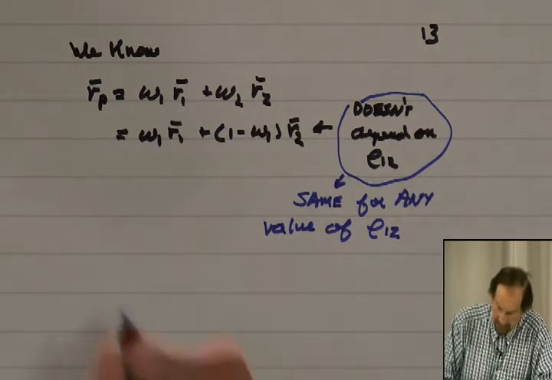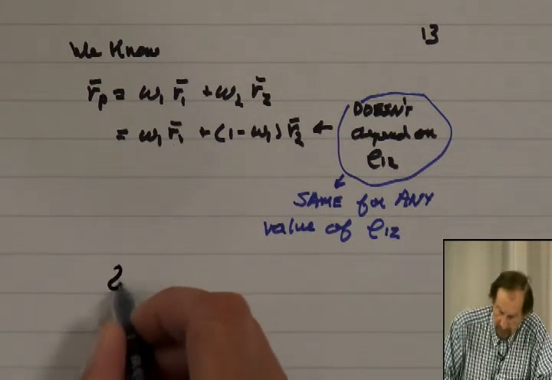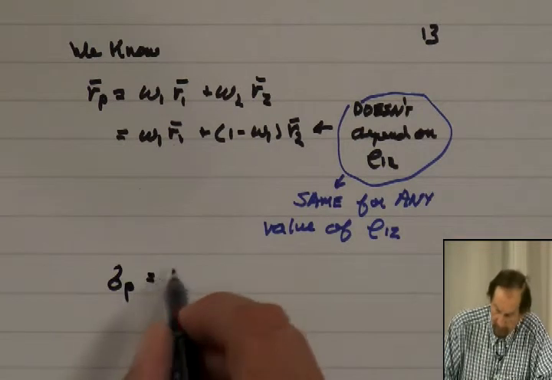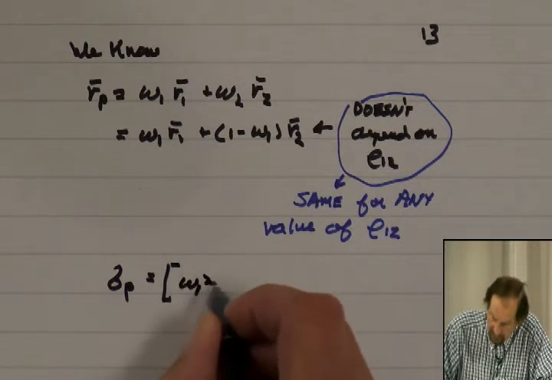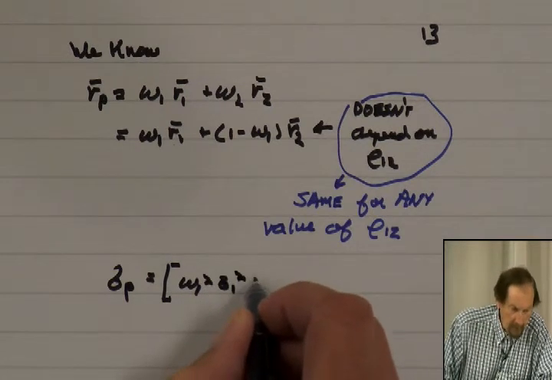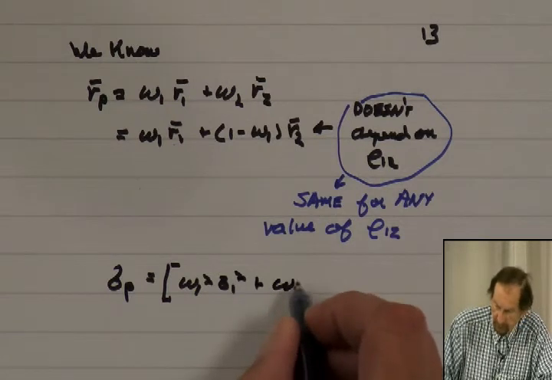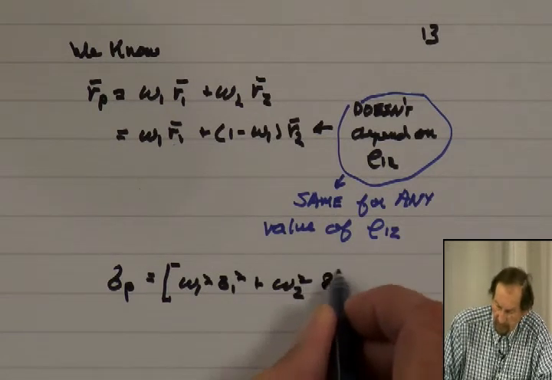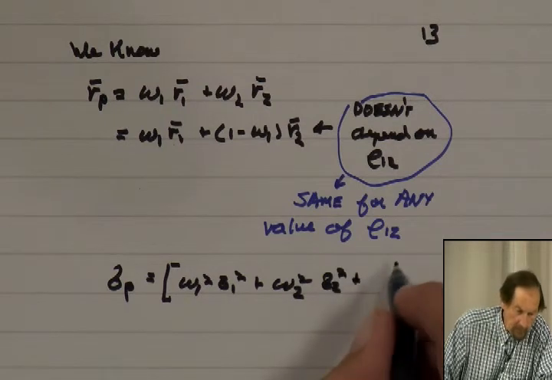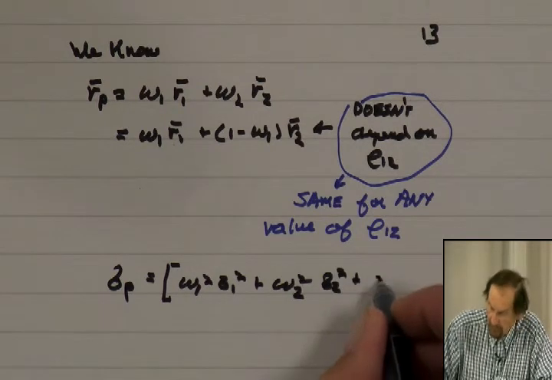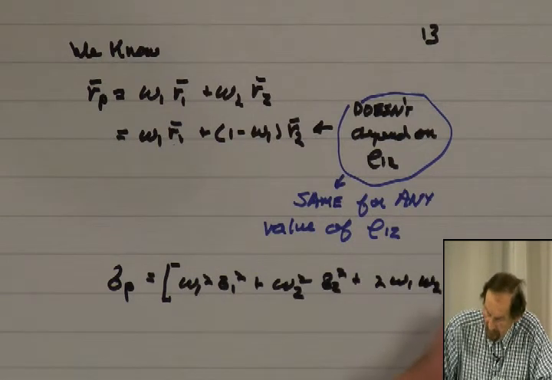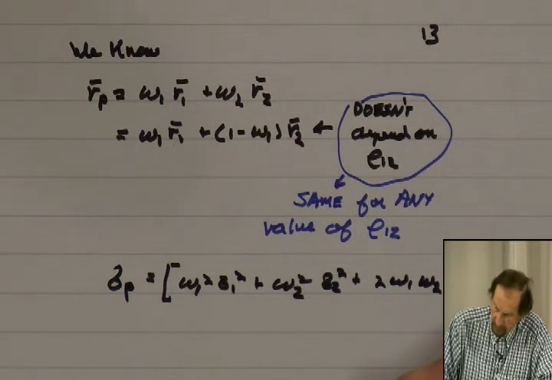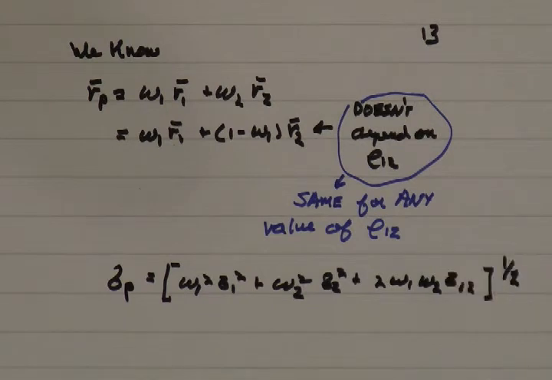Now let's look at sigma P. Sigma P, the portfolio standard deviation, equals the following: W1 squared sigma 1 squared plus W2 squared sigma 2 squared plus 2 W1 W2 sigma 1 2. And we take the square root of all this because we're talking about the portfolio standard deviation here.